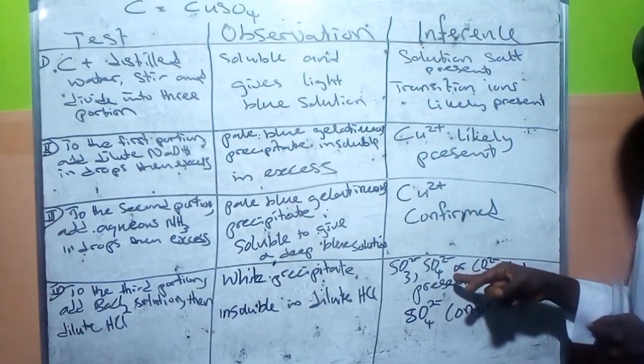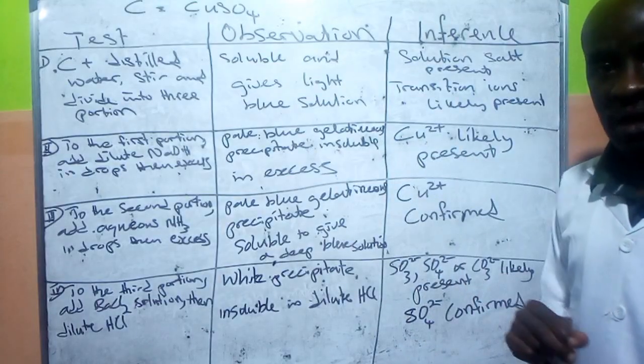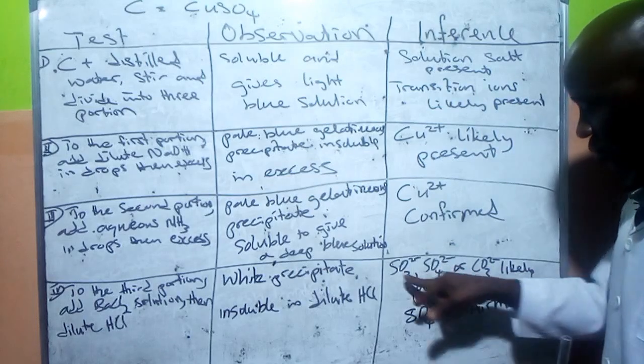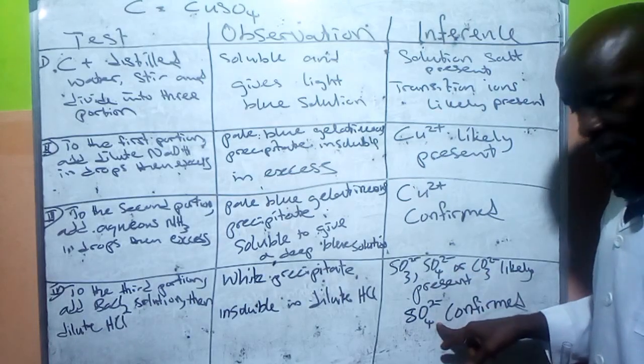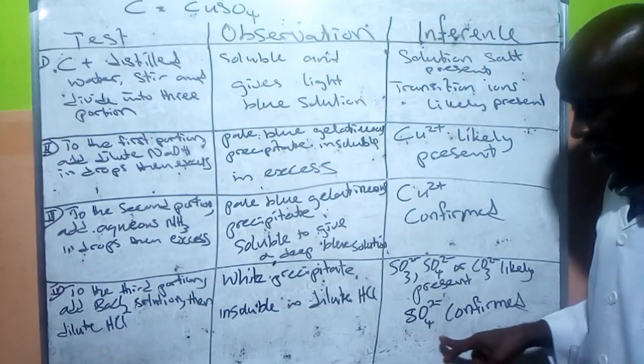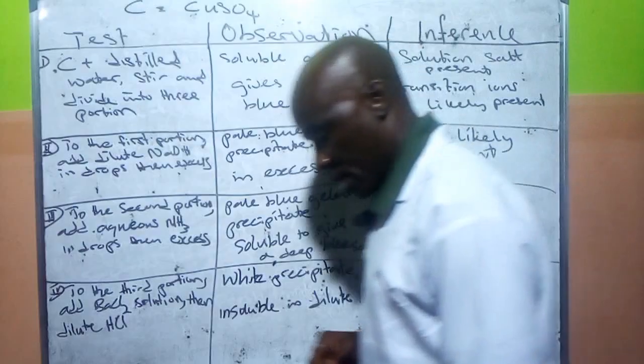But sulfate ion does not dissolve when you add hydrochloric acid. That's what we use to eliminate the other ones, to be sure that these two are not present. So the confirmation by adding this hydrochloric acid is telling us that what we have there is sulfate ion.